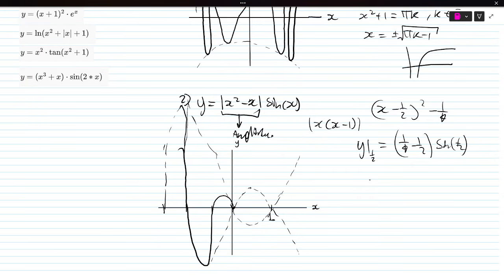I'm not sure what sine a half is, but it should be roughly sine a half. Okay, so this is going to be a negative number. Interesting. So my graph will look something like this.